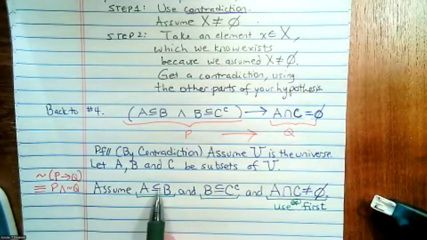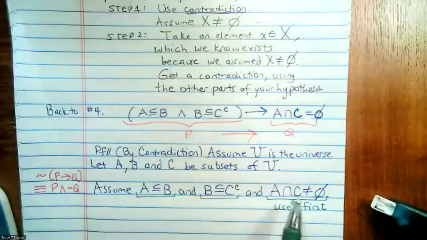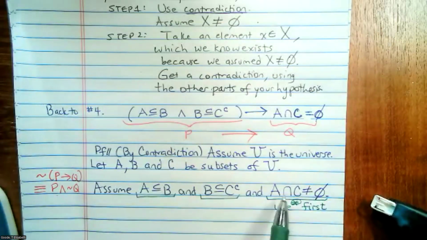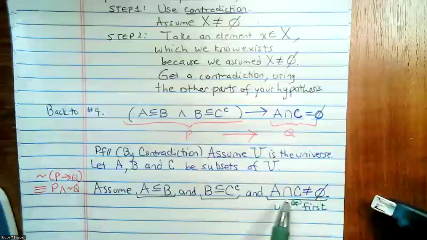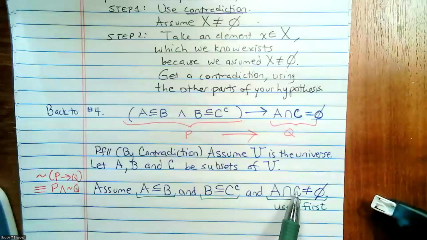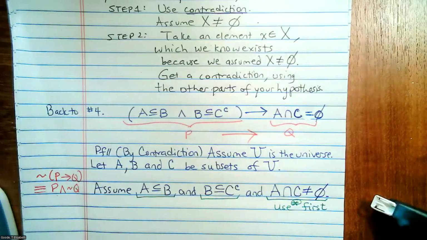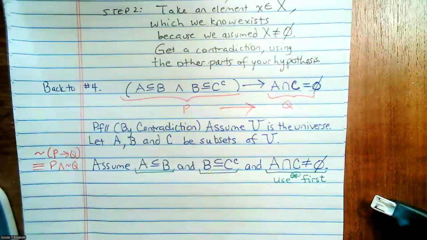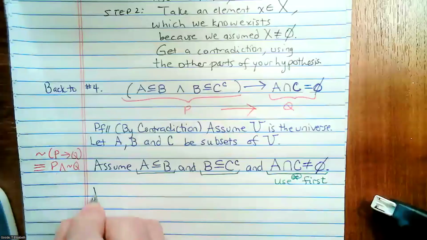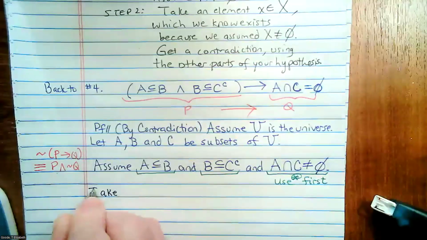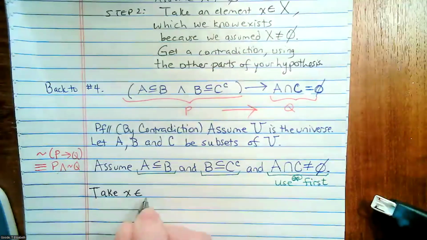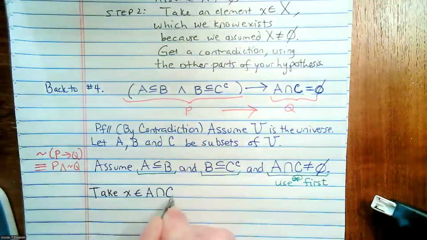I don't know which one of these two we'll use next, but I know for sure, and this makes it a little easier for you, you're going to assume that we have an X that is in A intersects C. We can assume that because we've assumed that set A intersects C is not empty. So take an X that's an element of A intersects C.